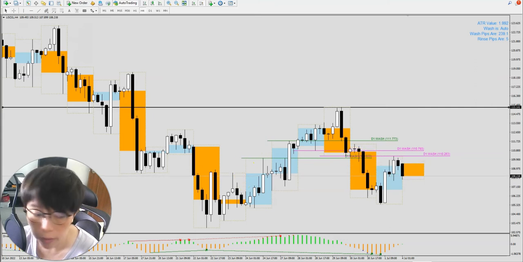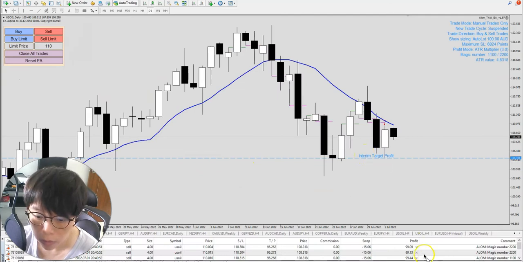So let's take a look at the trade here. These are the trades, as you can see, in this particular trade, where we used to grow a small account, we are not using a lot of lots. We are using $100 lots here on a small account.